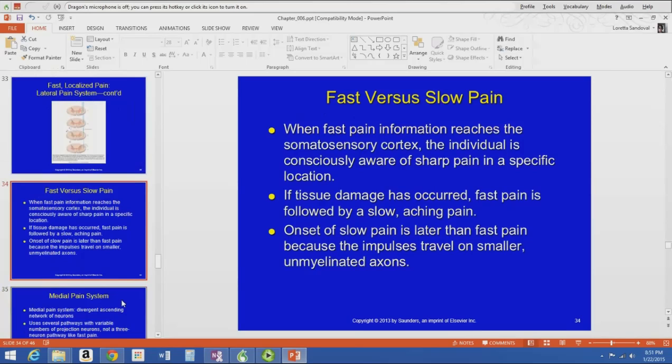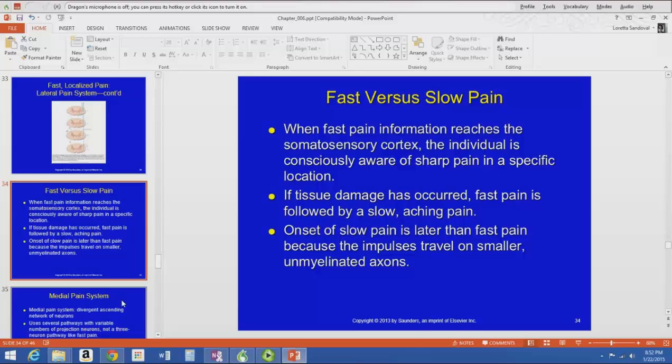So when fast pain information reaches the somatosensory cortex, we are consciously aware of a sharp pain in a specific location. So bam, there it is. Because it went through the thalamus, we're aware of it. Conscious awareness.